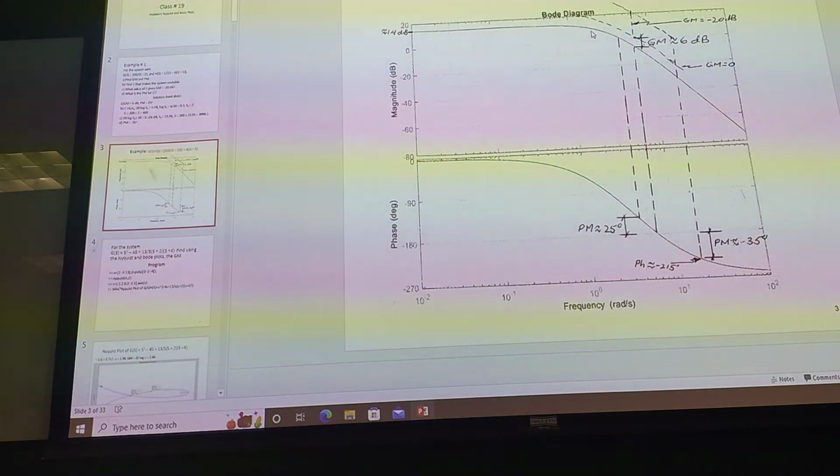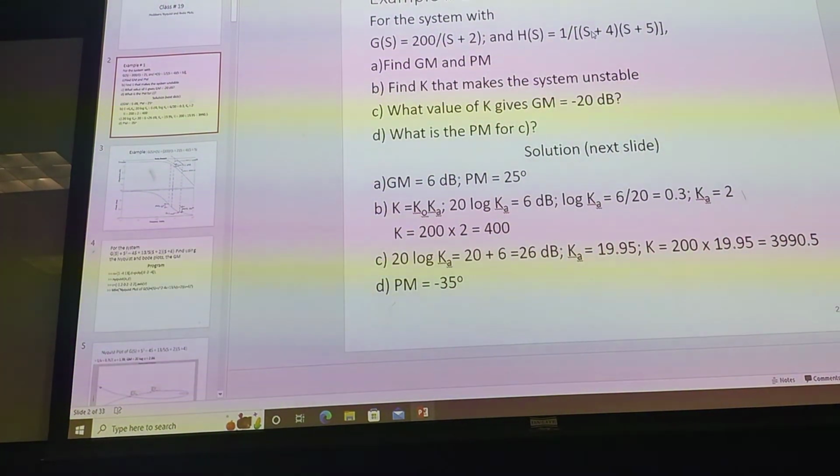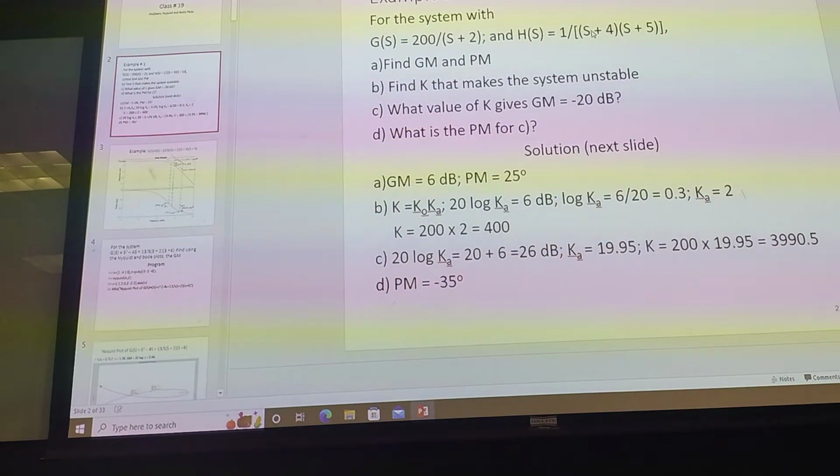And now, the other question: what value of K gives minus 20 dB?